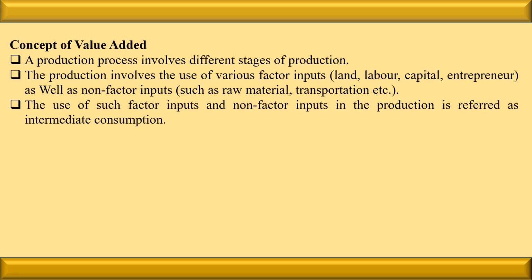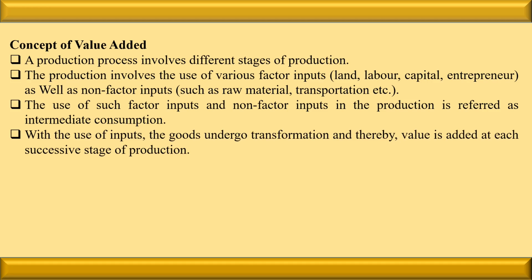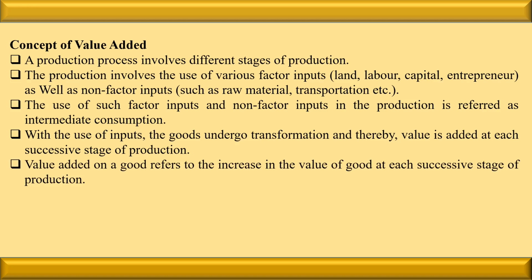The use of such factor inputs and non-factor inputs in the production is called intermediate consumption. With the use of inputs, the goods undergo transformation and thereby the value is added at every successive stage of production. So under the value added method, only the added value in the successive stages of production is considered.